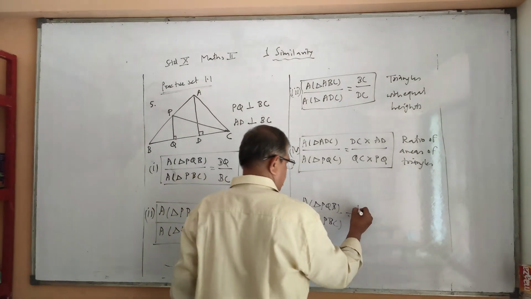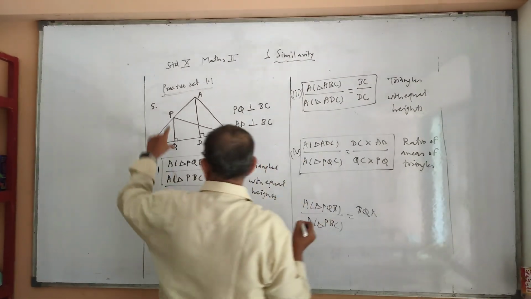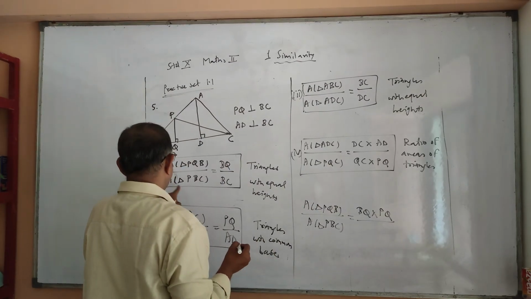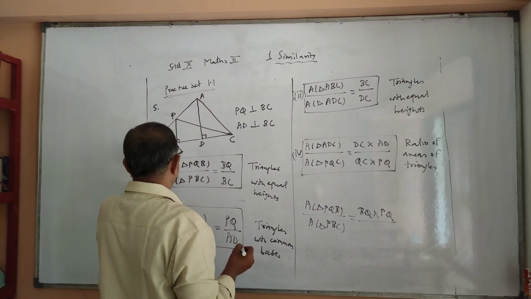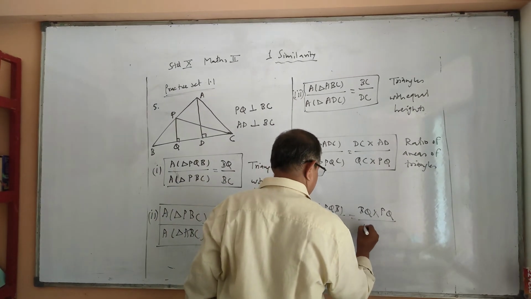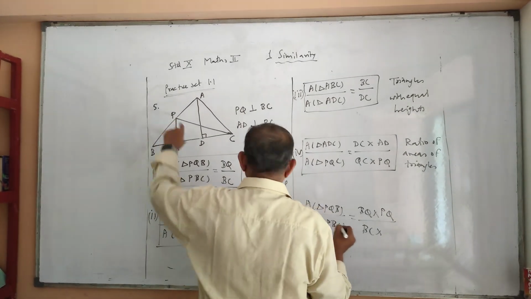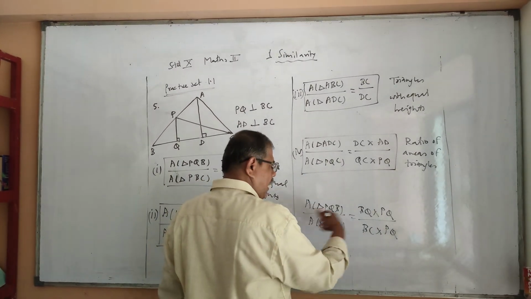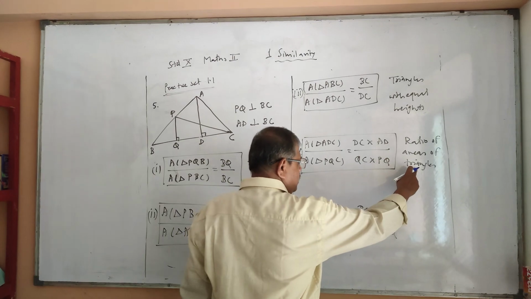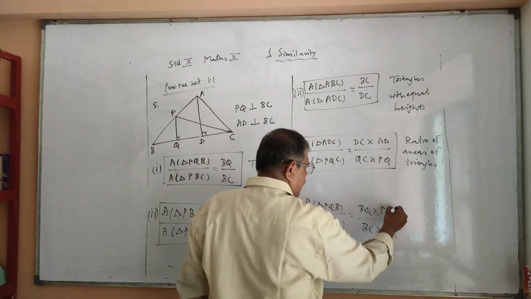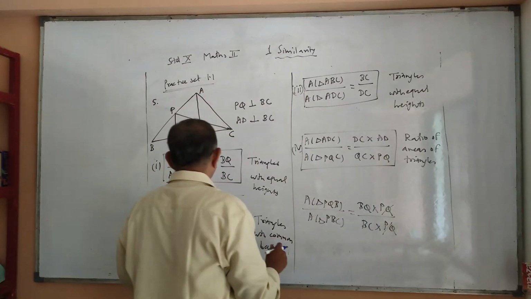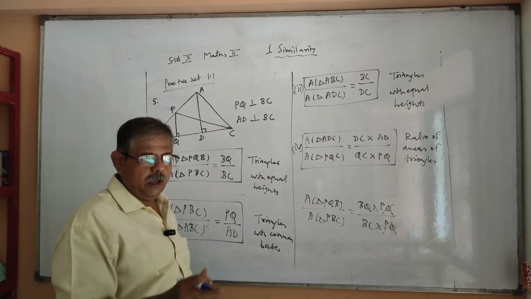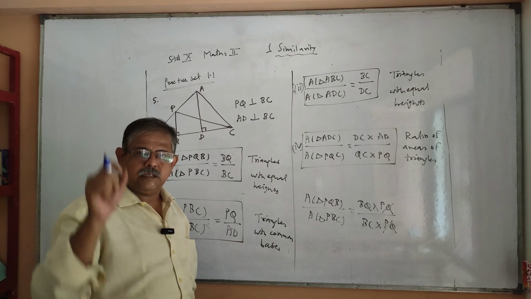BQ, into height PQ, upon base of the triangle PBC, base is what? BC, into height again PQ. So you will understand PQ will get cancelled. If you write in this way, you have to write this reason, ratio of areas of triangles, and then cancel PQ, PQ, and you will get the same answer. So that is the beauty of mathematics. You can go any way. If your method is right, you will get the same answer.